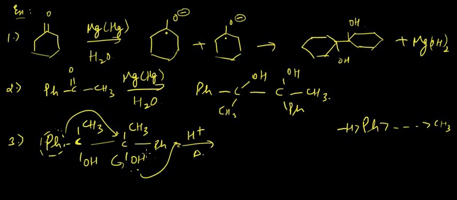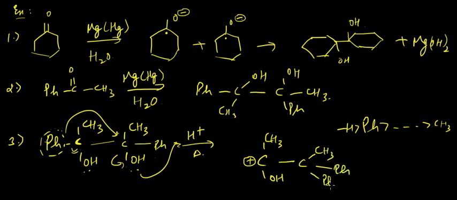OH will get released as a water molecule, and this carbon will get positively charged, and this would be highly stable. Why? Because of formation of a benzylic cation. So finally in the intermediate state this would have a positive charge with CH, OH, C, CH3 and two phenyl rings attached to the C atom.